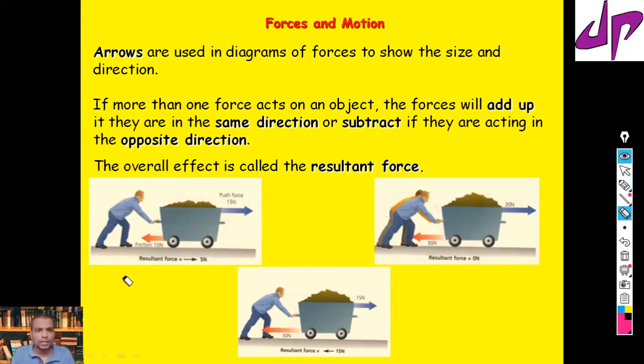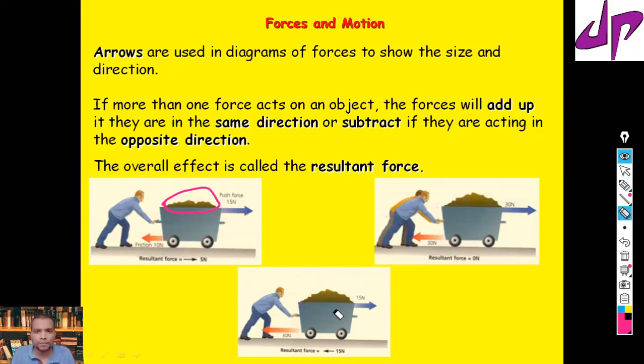Now let us understand further. Here you can see in the diagram a small amount of load. But in figure B, the load is increased, meaning the mud in the trolley is increased.